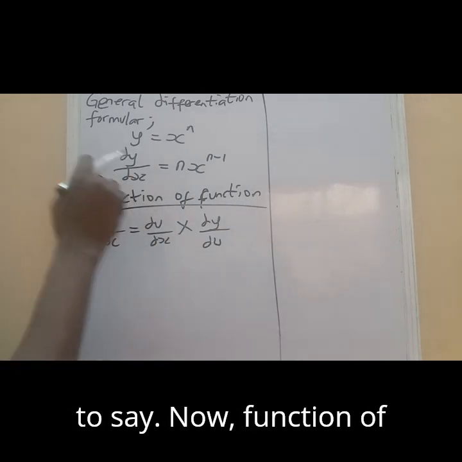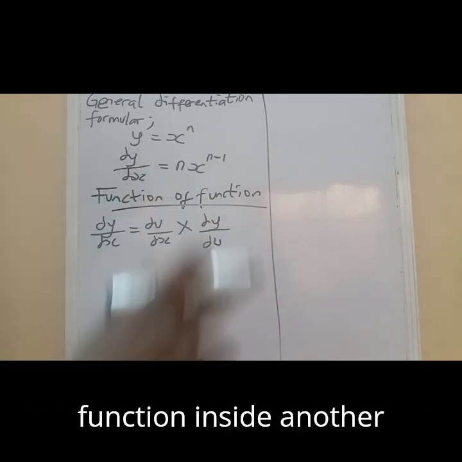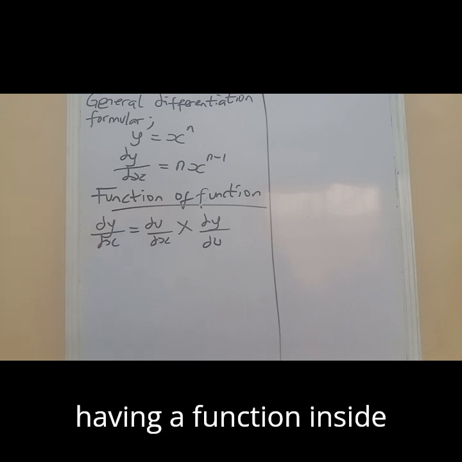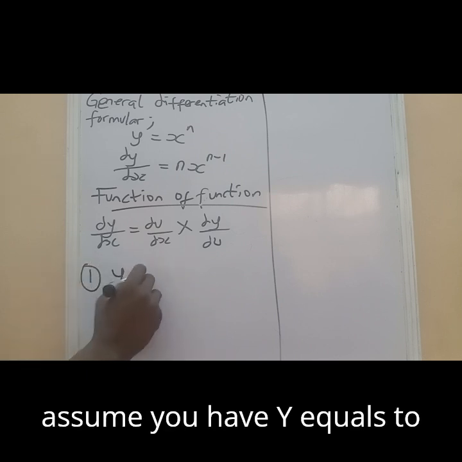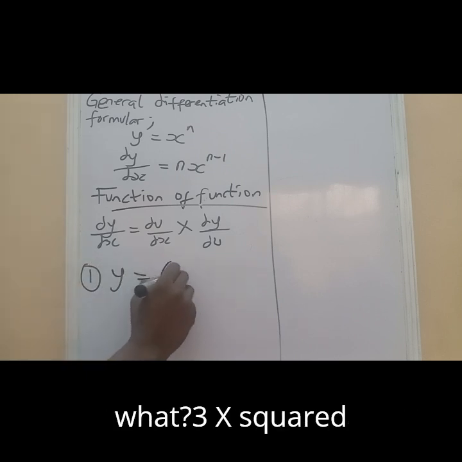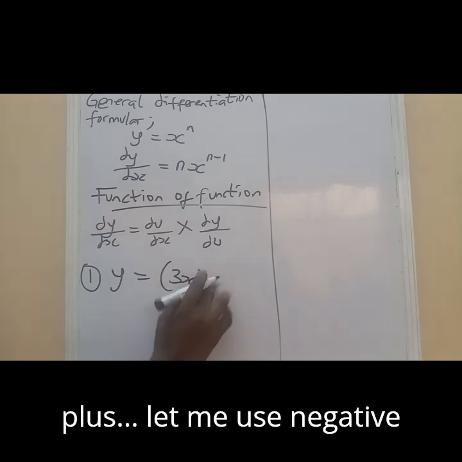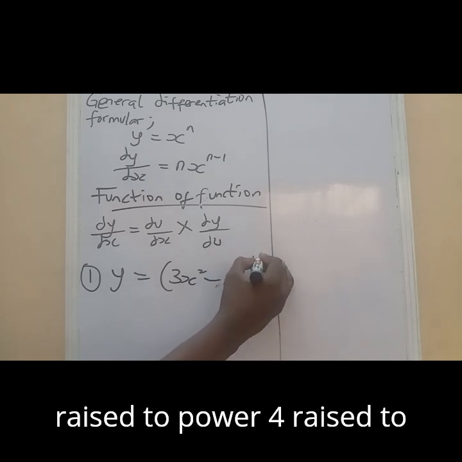Function of function means that we have a function inside another function. And when you have a function inside another function, what does that imply? Example 1. Let's assume we have y equals 3x squared minus 5x, raised to power 4.